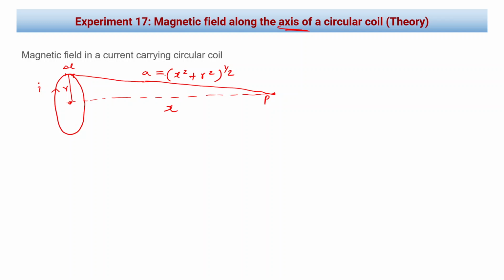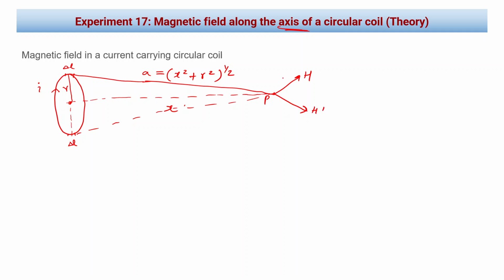Now because of this particular length element, there will be a magnetic field in this direction, and then if we take a similar length element in the diametrically opposite direction, the same length element, the current also is the same, because of this length element there will be a magnetic field along this direction.